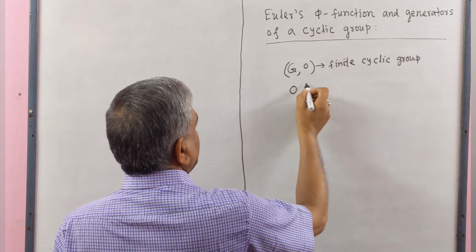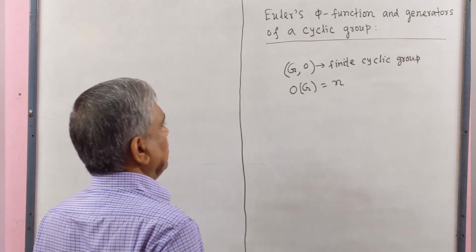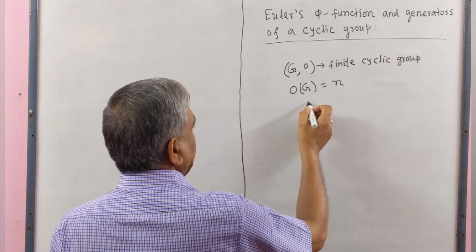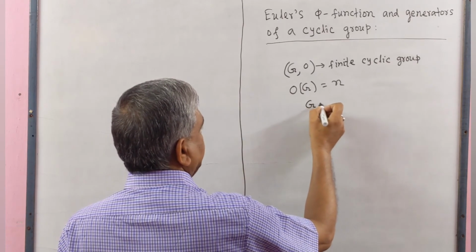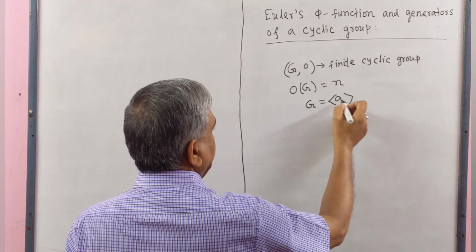Let order of G equal n. Let A be the generator of this group. Therefore, we may write G is generated by element A.